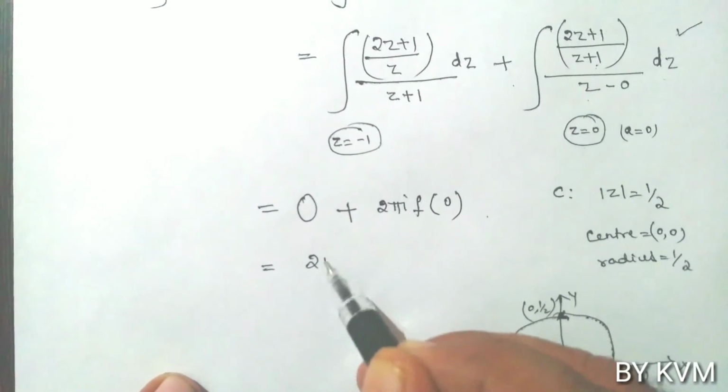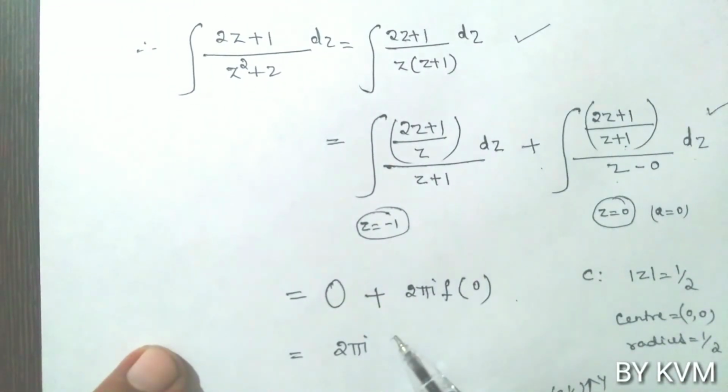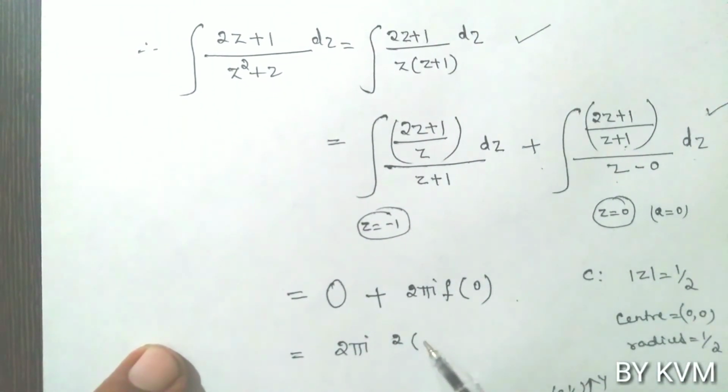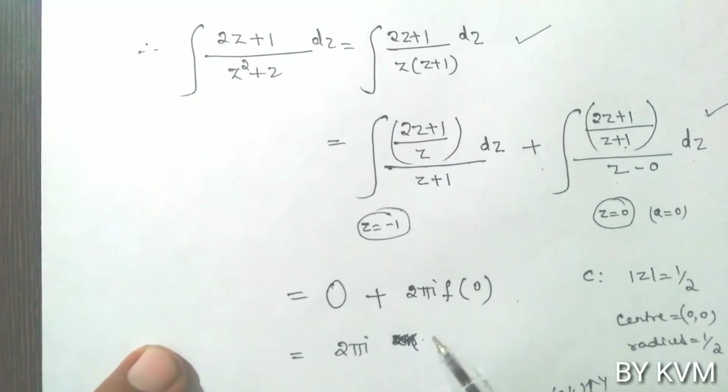So this is equal to 2 pi i. What is f of 0? f of z is 2z plus 1 by z plus 1. f of 0 is 2 into 0 plus 1 by 0 plus 1. z is 0.